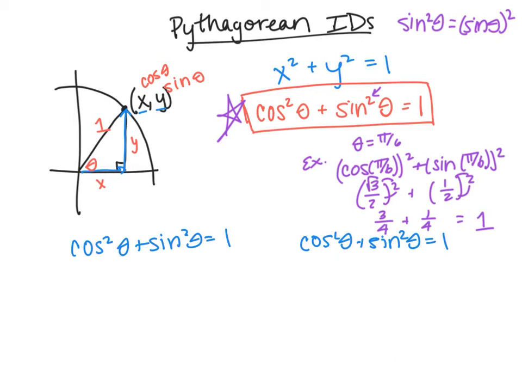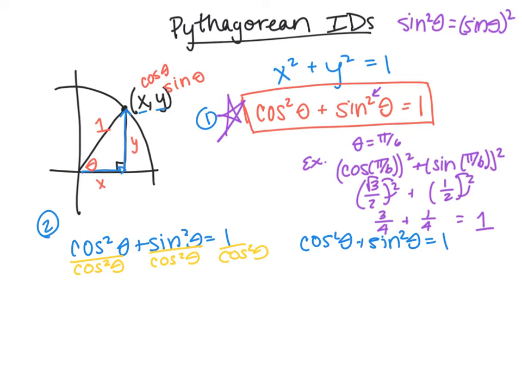So first, that's our first Pythagorean identity. To get the second one, we're going to take this base equation and divide out cosine squared from every term of the equation. Essentially dividing both sides of the equation by cosine squared theta. Since we're dividing both sides by the same thing, this will still give us an equal equation in the end.